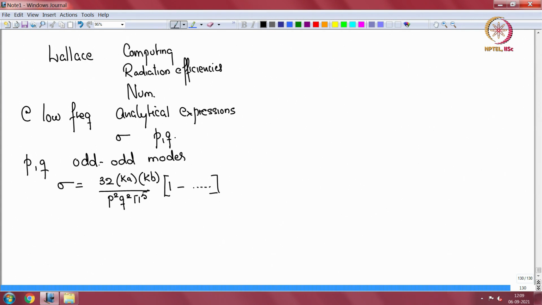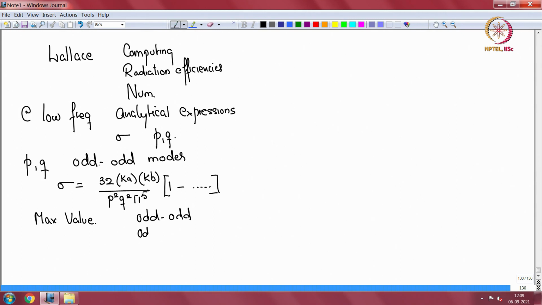Okay. And this turns out to be the maximum value amongst what? The odd modes. That means P is odd, Q is odd.